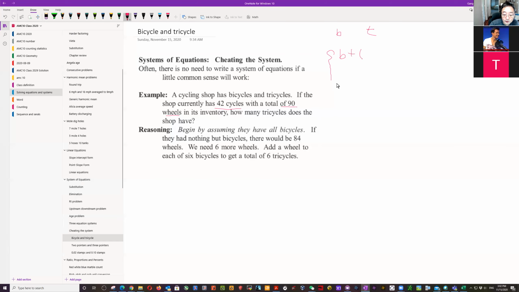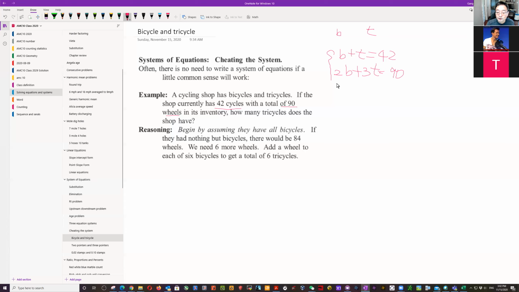So B plus T equals 42, and 2B plus 3T equals 90. You can do either substitution or elimination, but this is not the quickest way. Let's find a faster way.